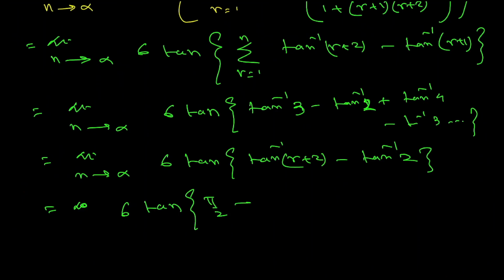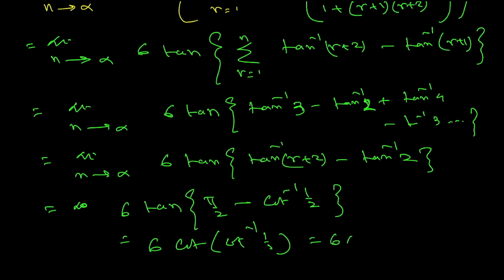Tan inverse 2 is okay. Tan of 90 minus theta is cot theta, so tan inverse 2 means cot inverse half. So tan of 90 minus theta is cot theta, that is cot of cot inverse half. I am writing here, cot of cot inverse x means x.